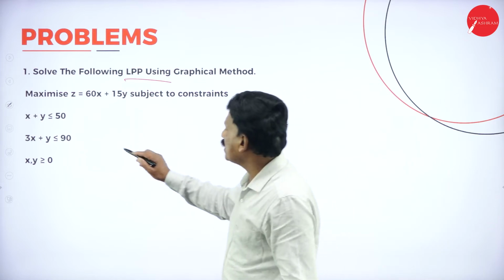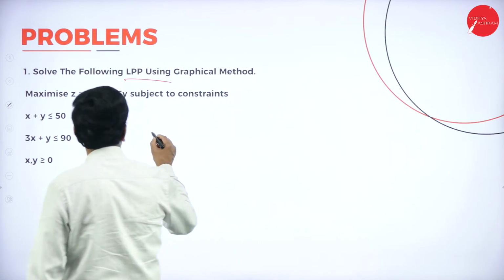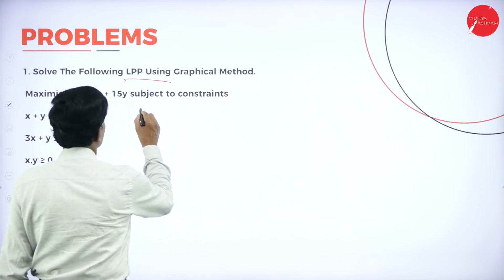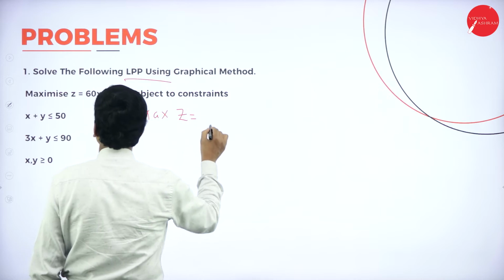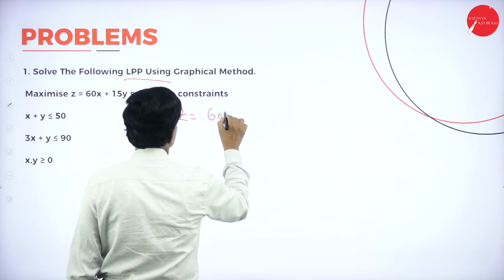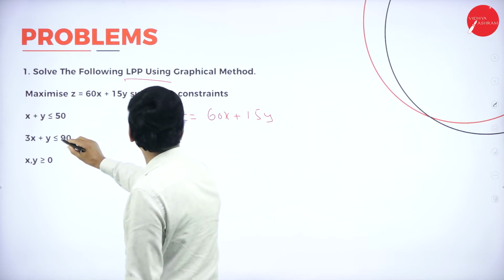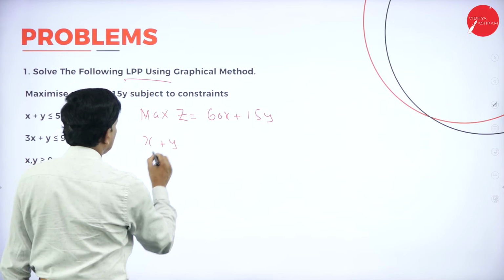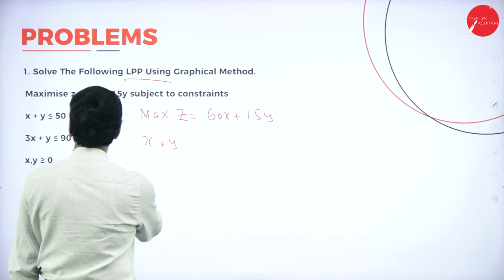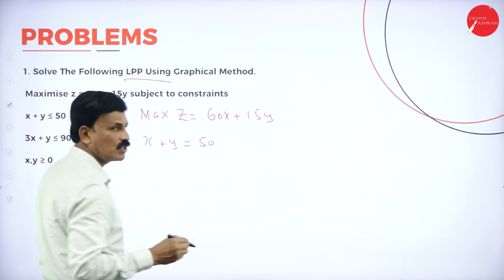Now, let us convert these inequalities into equalities. The given objective function is maximum of z is equal to 60x plus 15y. Now, what are the constraints? Convert these constraints into equalities. x plus y is less than or equal to 50 can be written as x plus y is equal to 50.